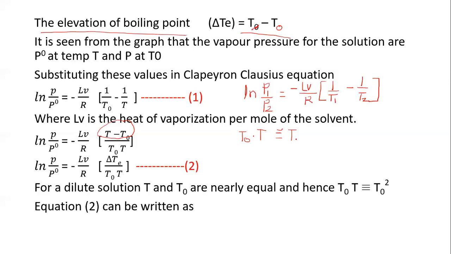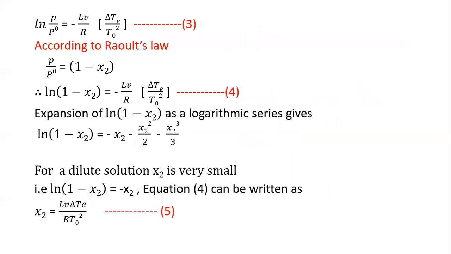So therefore equation 2 can be modified as, this is for only the dilute solution, T0 into T is equal to T0 square. Equation 2 can be written as ln P upon P0, the LHS remains the same, equal to minus LV upon R into delta TE upon T0 square, where T0 is the boiling point of the solvent.